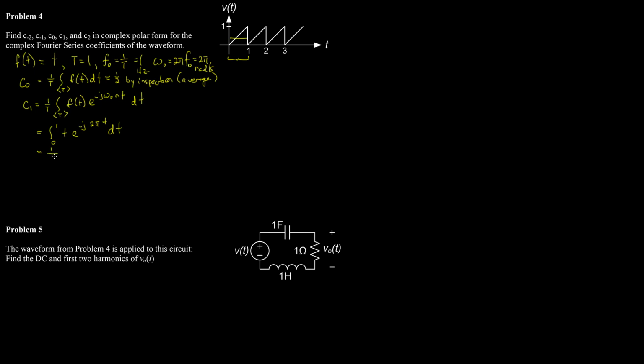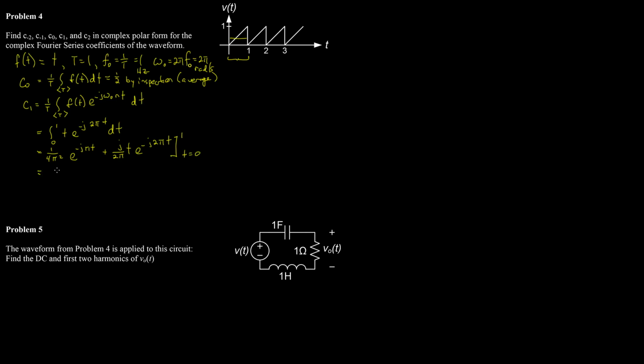It's 1 over 4 pi squared times e to the minus j 2 pi t, plus j over 2 pi t e to the minus j 2 pi t, evaluated between 0 and 1.